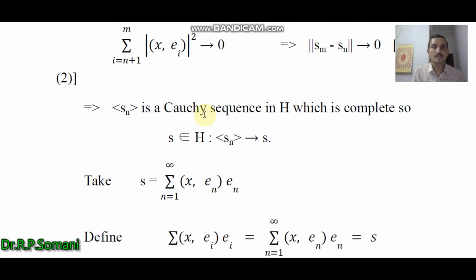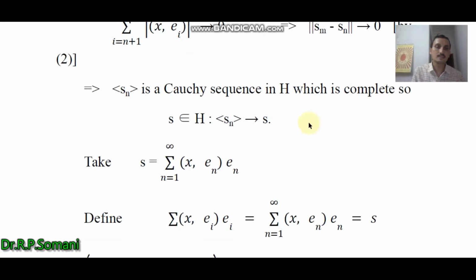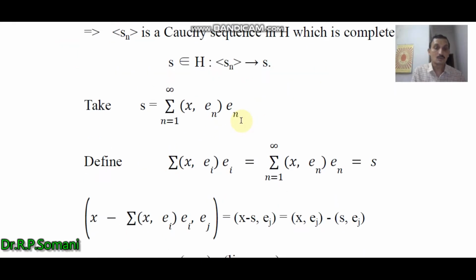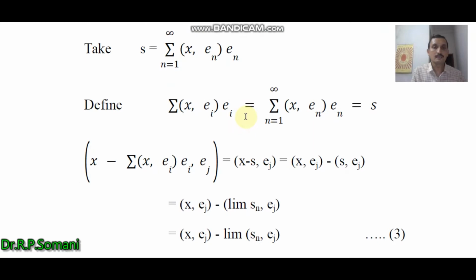So S_n is a Cauchy sequence in H, and H is complete. So there exists S belonging to H such that S_n tends to S. Now take S equal to the summation n varying from 1 to infinity of ⟨x, e_n⟩ e_n, and now we define the summation of ⟨x, e_i⟩ e_i equal to the summation n varying from 1 to infinity of ⟨x, e_n⟩ e_n equal to S.